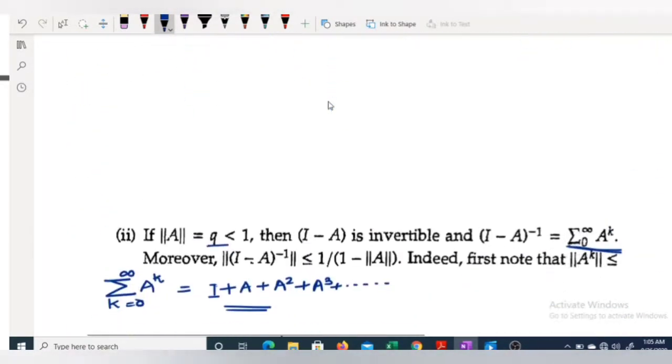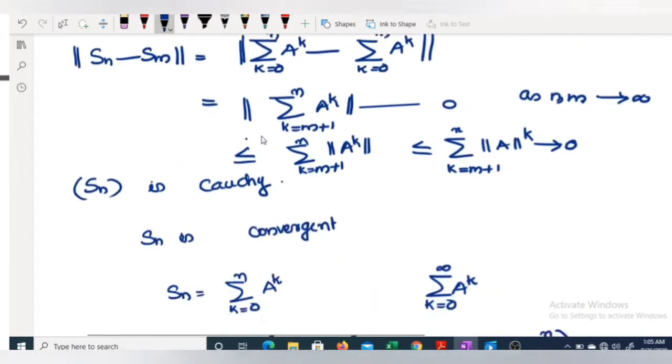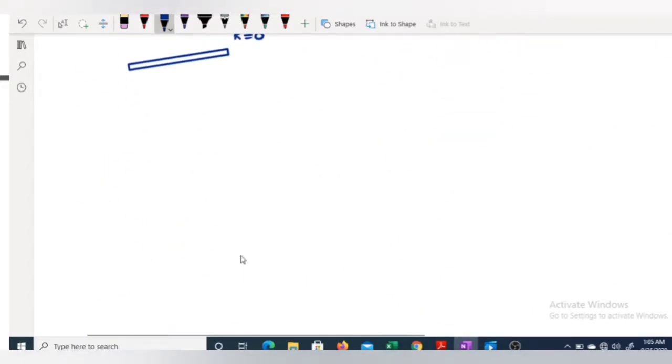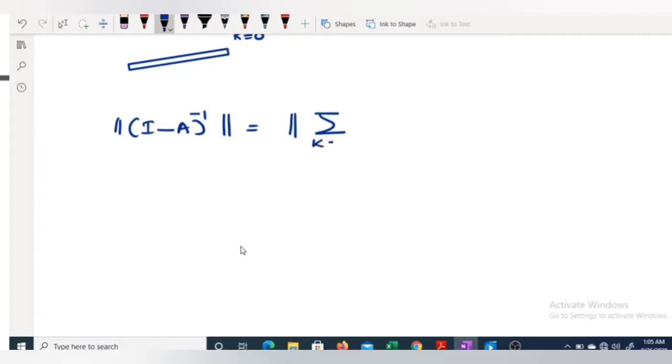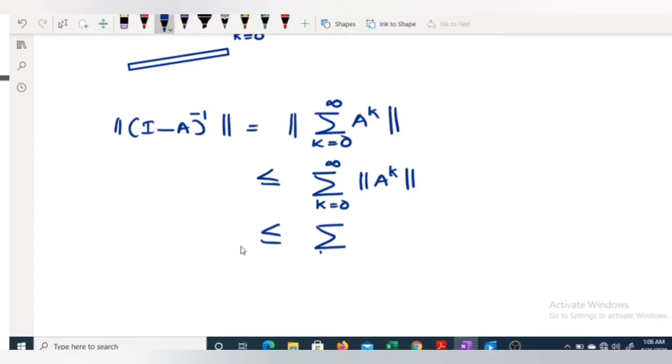Here once again, what is norm of I minus a whole inverse? This is same as norm of sigma k equal to 0 to infinity a raised to k, and this is less than or equal to sigma k equal to 0 to infinity norm of a raised to k, and this is less than or equal to sigma k equal to 0 to infinity norm of a whole raised to k.